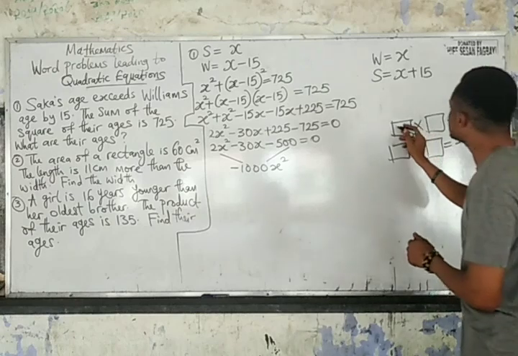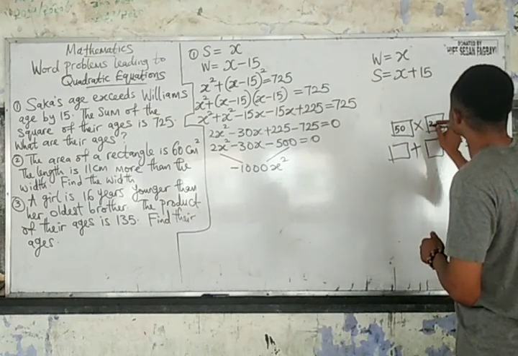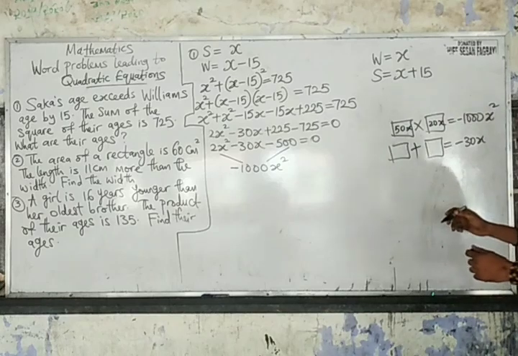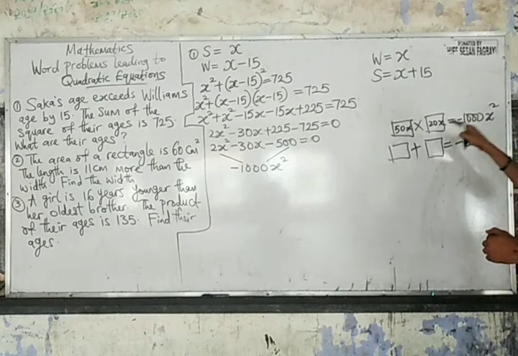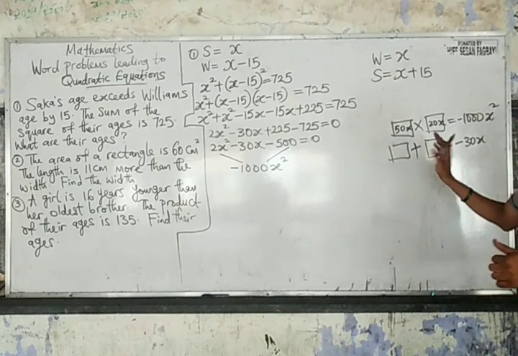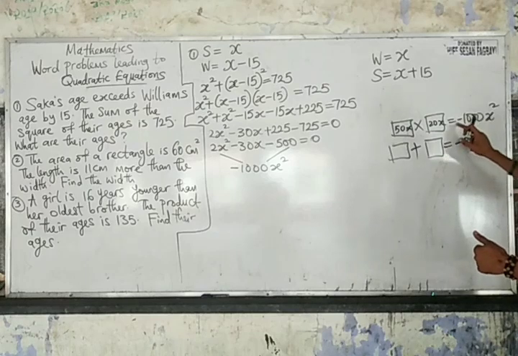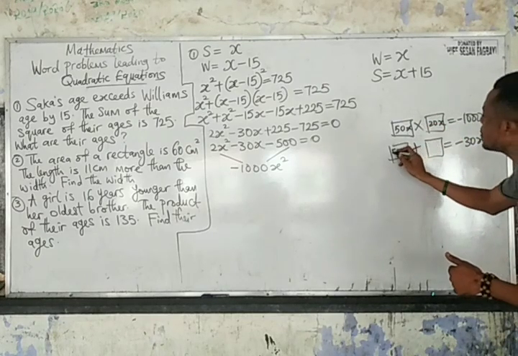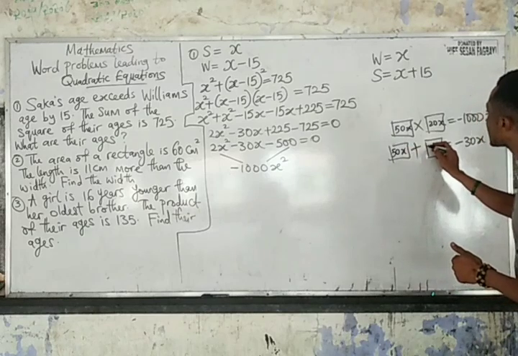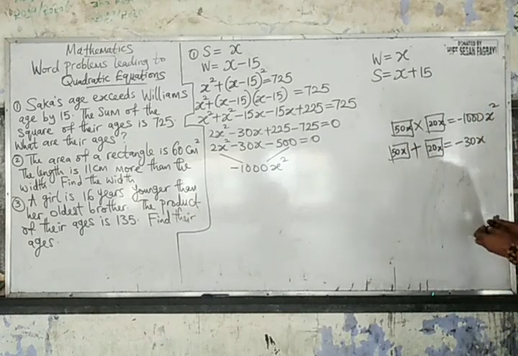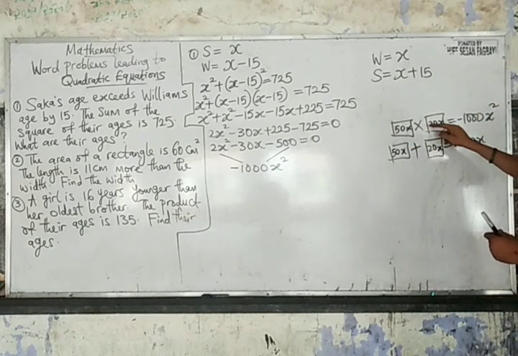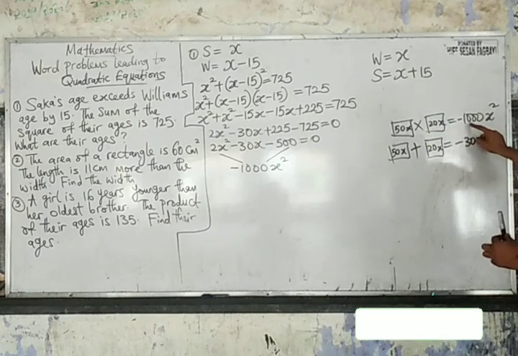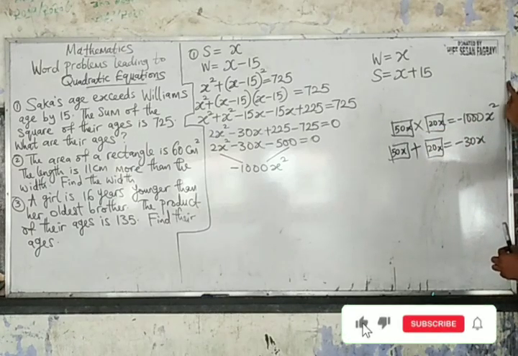We now need to manipulate it properly. 50x and 20x. So I need to apply minus to one of the two factors. If I put the minus in front of 20, of course the multiplication of the two will give me minus 1000x squared.